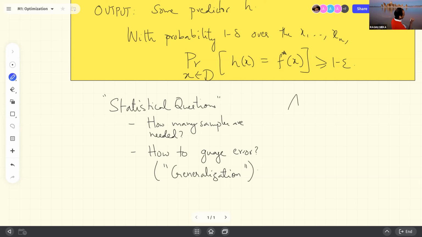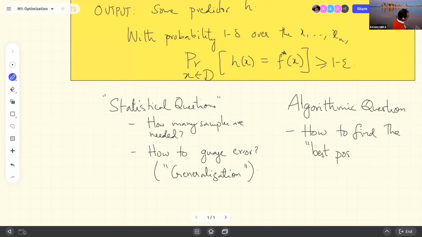And what we'll focus on is the algorithmic question. Once again, you really can't separate these two things out when you think about them at any deeper level. But as a first step, let's categorize them in this way, which is how to find the best possible edge. Suppose someone told you that it is actually possible to find this best possible edge using 1,000 samples.